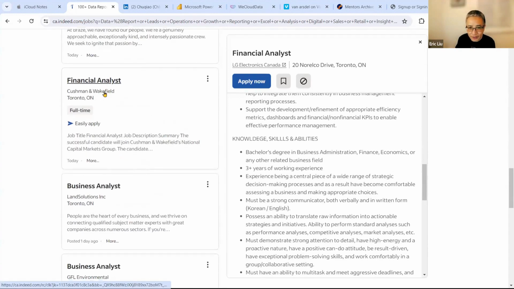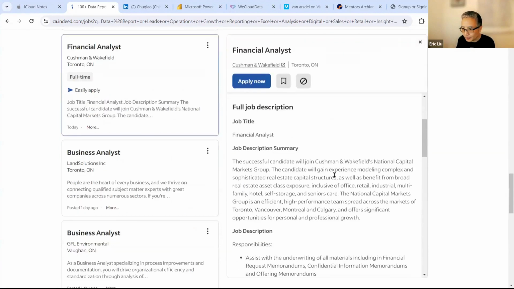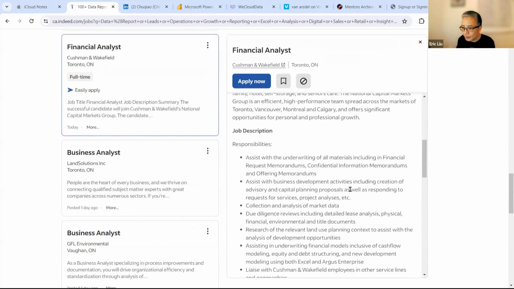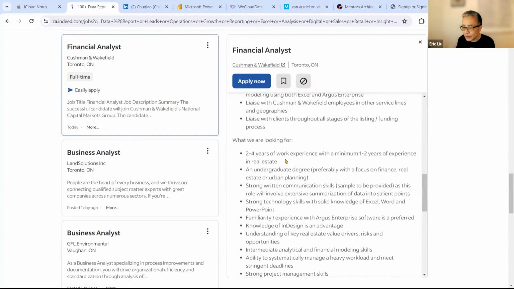This is a real estate, or at least, real estate and property management. Let's just take a look. Cushman and Wakefield. Two to four years. Whenever they ask for two to four years of work experience, doesn't really matter.